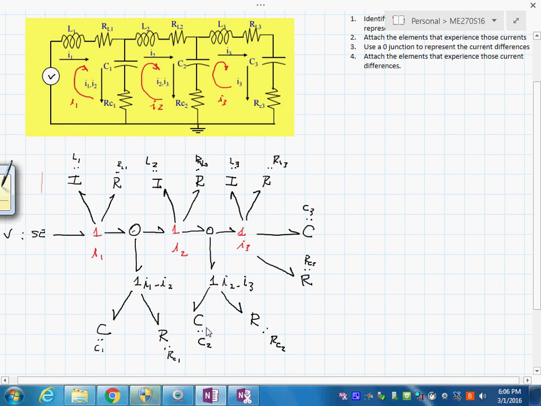Our interest is in generating the block diagram.